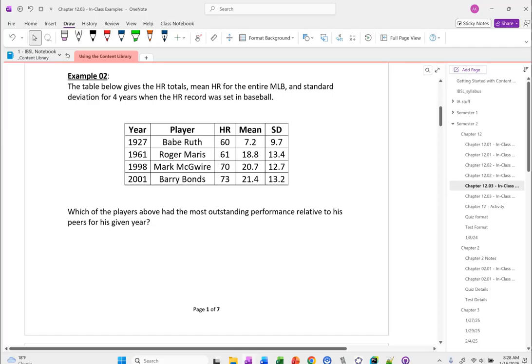Maggie, we're gonna look at example 2. The table below gives the home run totals, mean home runs for the entire MLB, and standard deviation for the 4 years when the home run record was set in baseball. Which of the above players had the most outstanding performance relative to his peers for the given year?